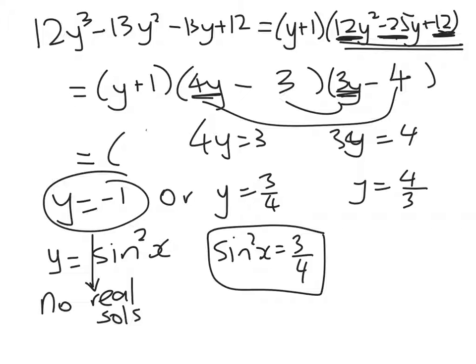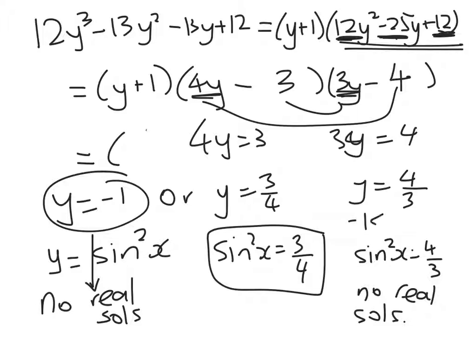That's going to have some solutions. And lastly, sine squared of x equals 4 over 3 has no real solutions because sine of x is between negative 1 and 1. So its square will be between 0 and 1, so it can't be equal to 4/3.